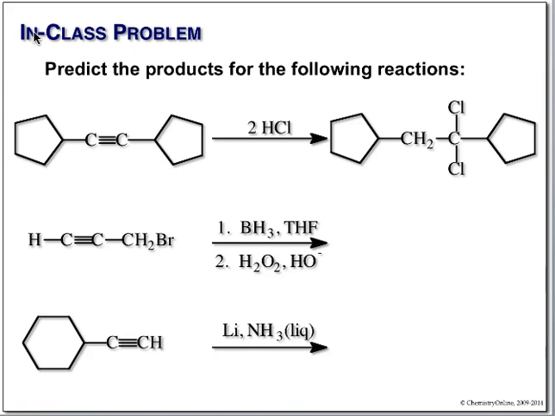Our next one, we look at the conditions and we say, all right, hydroboration oxidation. I know that. That's anti-Markovnikov alcohol. I'm going to put an OH group on the anti-Markovnikov carbon. The secondary carbon here would give us the best carbocation. This is the anti-Markovnikov carbon, so the OH group ends up there. But we say to ourselves, that's going to give us an enol.